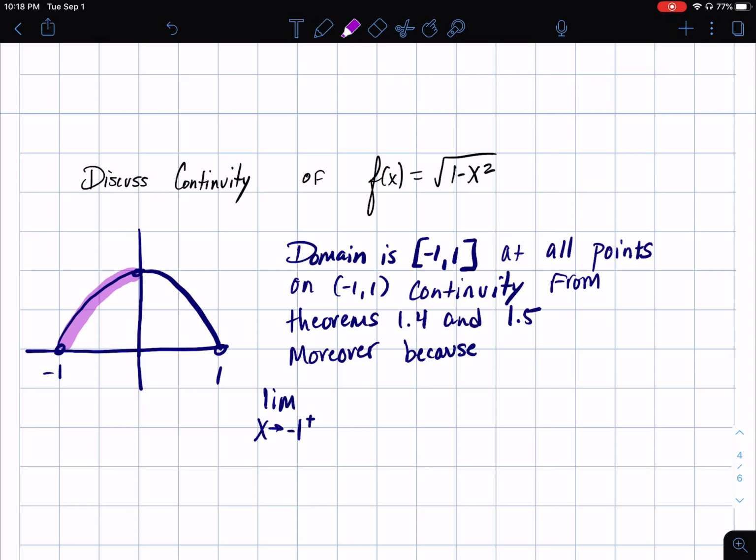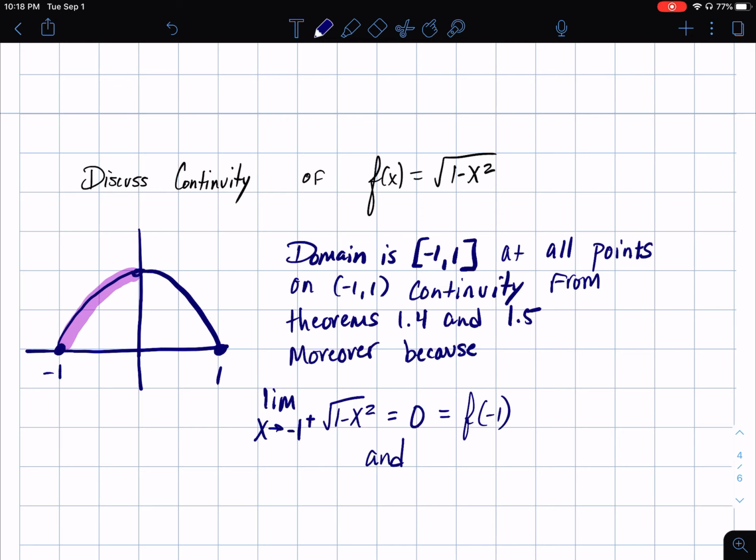What is that value that we're approaching? It's 0. And we want to check that that is the actual value of f of -1. And it is. So that's the same thing as f of -1.